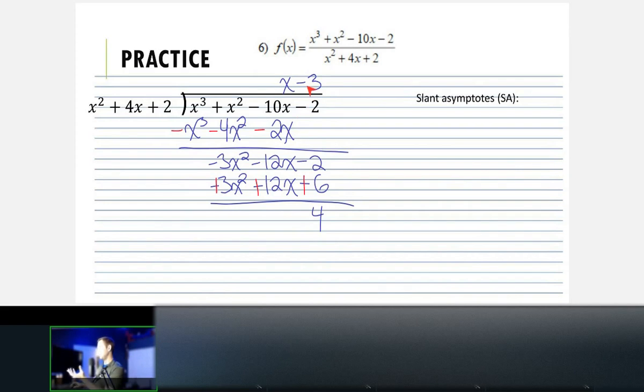This is assuming that this number is actually correct. By showing my work, it just confirms that negative 3 was the right choice, because these cancel out. But I didn't have to do this line or lower because anything after that is the remainder. So the SA is y equals x minus 3. So give yourself a pat on the back if you recall how to do long division, you got the correct answer.